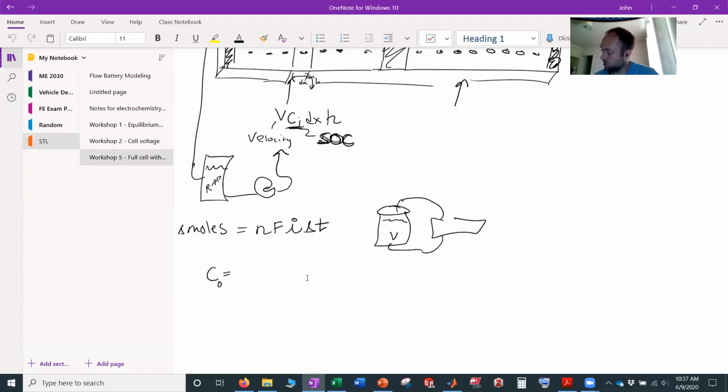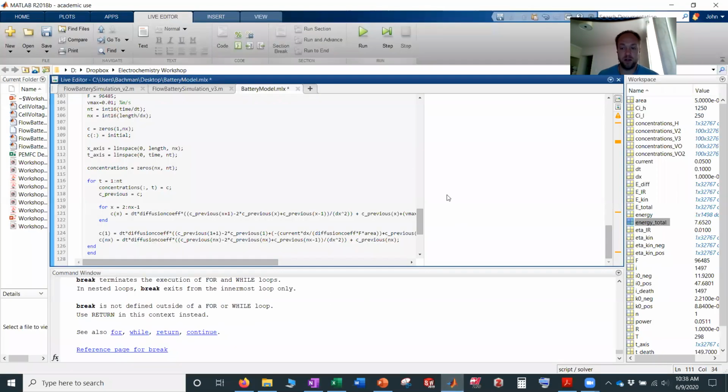So if we know we have some initial concentration, then this is going to get changed, so it's going to be plus N_F_i delta t over the volume of the system. So we can start to have a volume of our tank and start to deplete it with this, if we can include that physics in it.